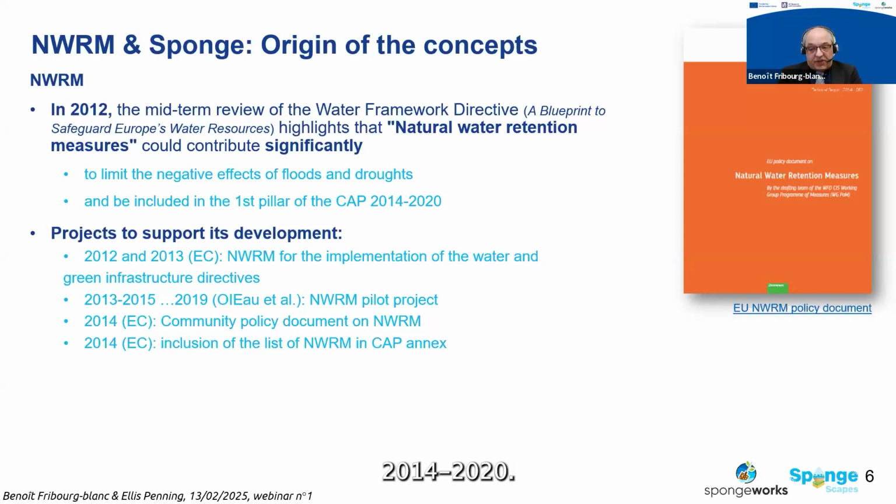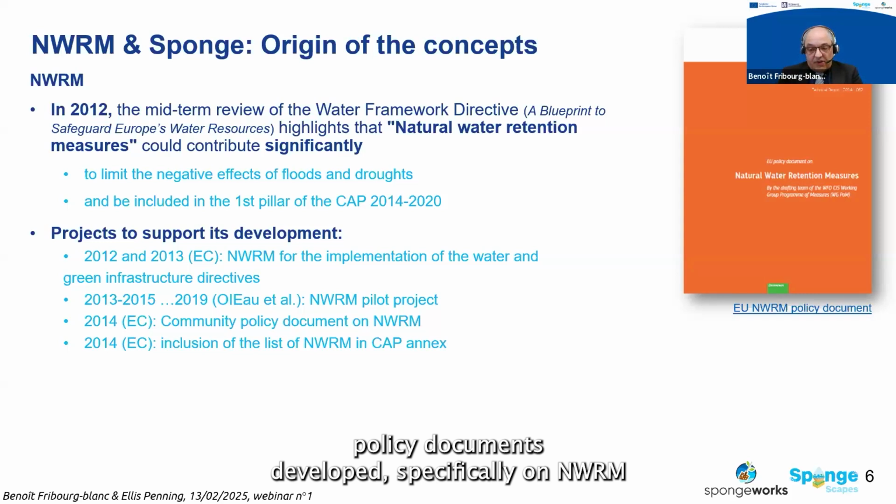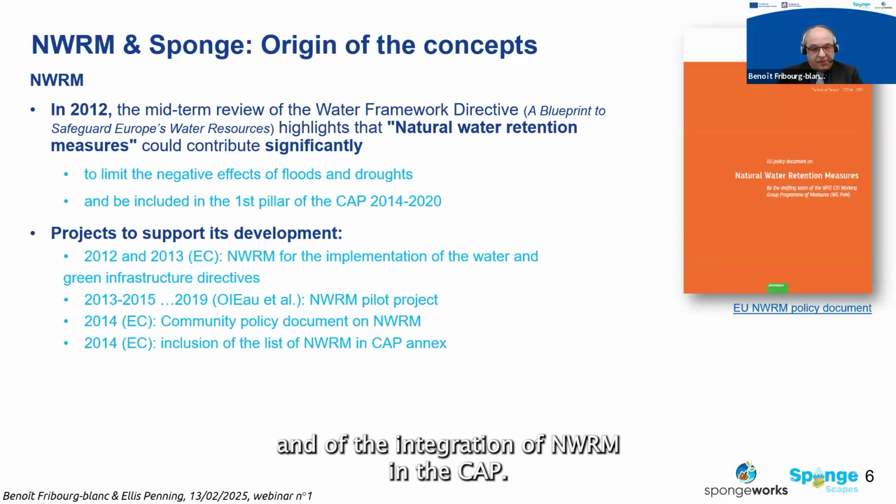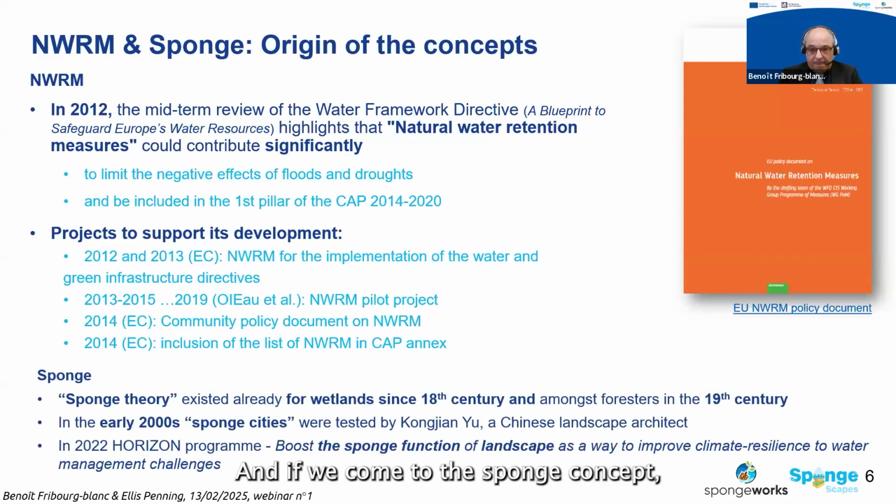There were associated projects to support its development, the NWRM platform and the network. This pilot project was financed by DG Environment, to support the policy development. There was also a Commission policy document specifically on NWRM and the inclusion of NWRM in the CAP annex.